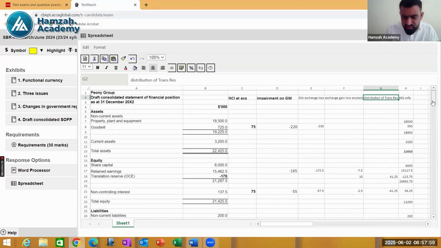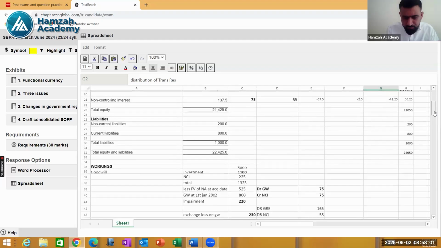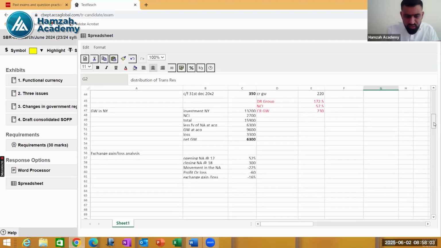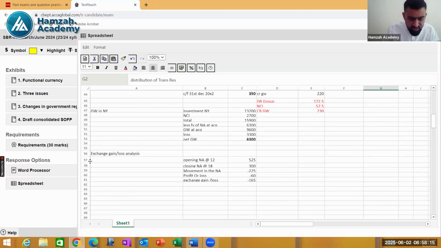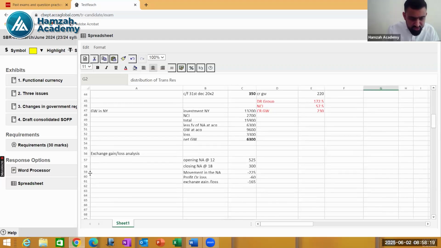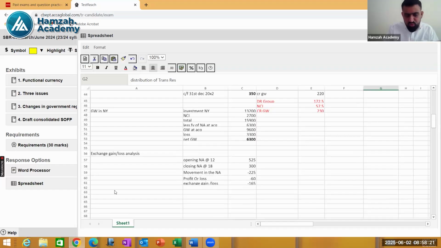Now another thing here is that the goodwill should also be translated using the closing exchange rate. Now, to cater for that, look here.